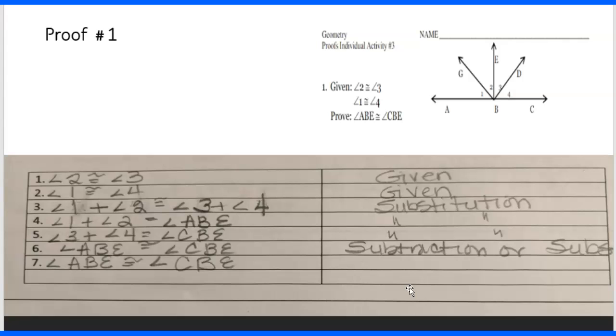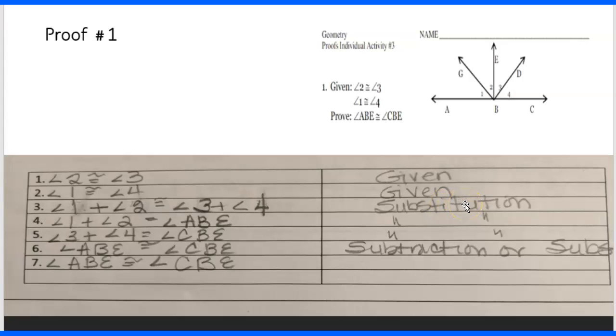Now the next thing that I've done is, since I know that 2 and 3 are equal and 1 and 4 are equal, I can put some things together. So angle 1 plus angle 2 is congruent or equal to angle 3 plus angle 4. What I'm using here is substitution. You could also use addition.